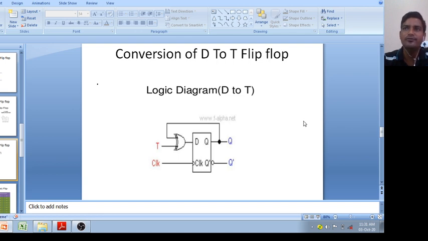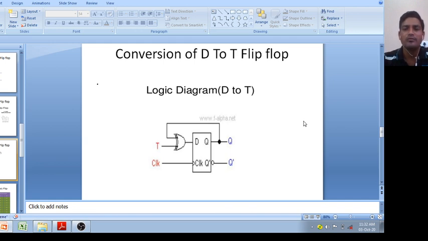Now what you will do? Suppose you have to convert T to D flip-flop. Now you will make the characteristics table for the required flip-flop, and excitation table for the available flip-flop.